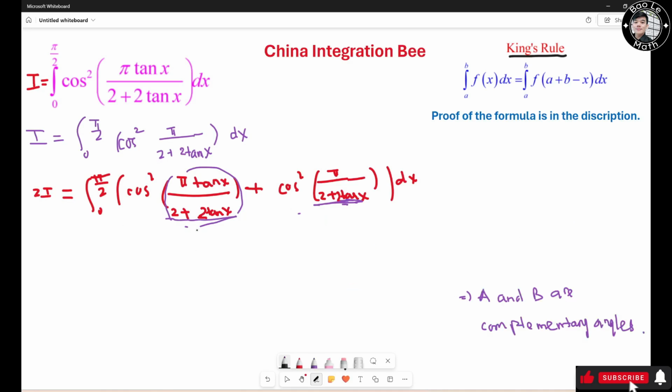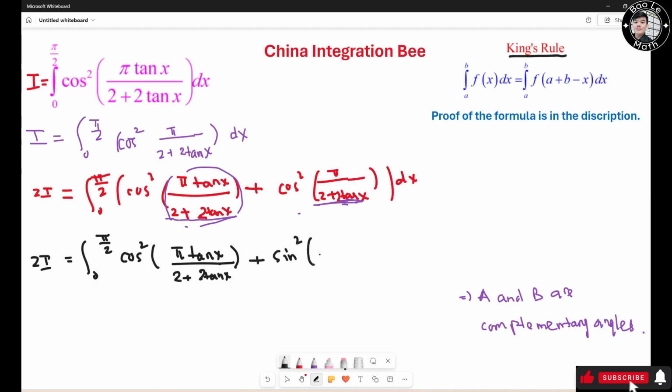Now since a and b are complementary angles, this becomes 2I equals the integral from 0 to pi over 2 of cosine square of pi tangent x over 2 plus 2 tangent x plus sine square of pi over 2 plus 2 tangent x, dx. Since cosine square plus sine square equals 1, 2I becomes the integral from 0 to pi over 2 of dx.